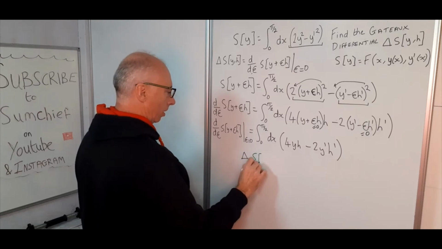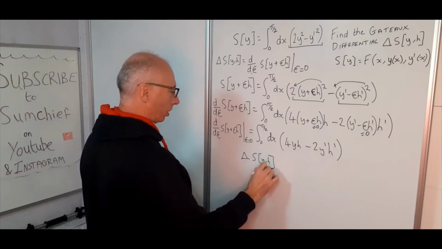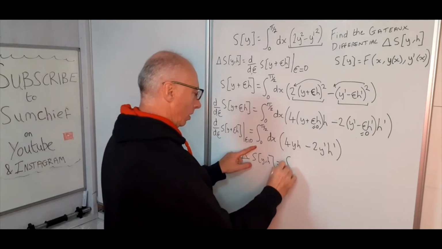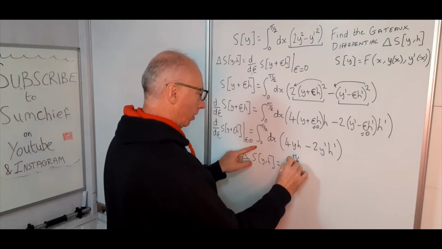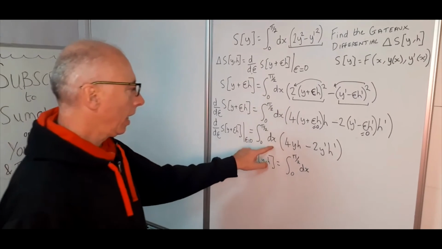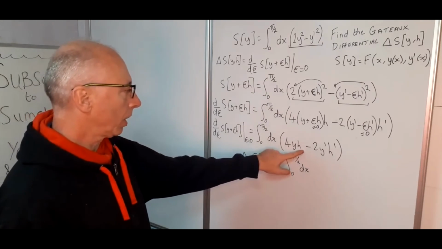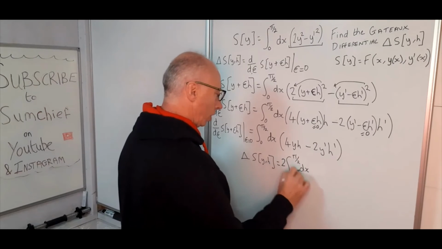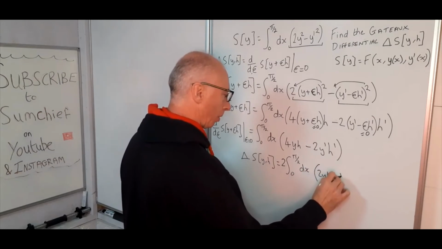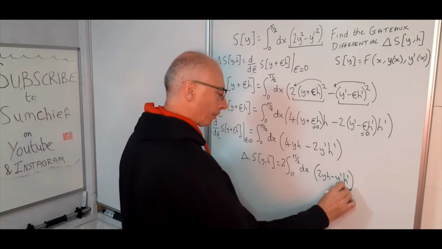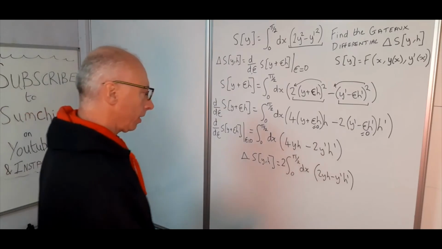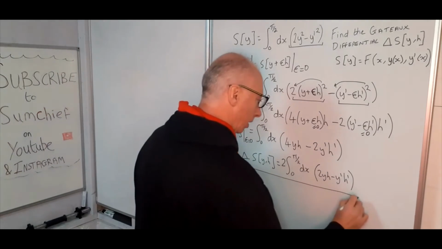S(y, h), that's our Gateaux differential, is the integral from 0 to pi over 2 dx, and then we've got, bringing a 2 out of here, 2, and then here we'll have 2yh minus y prime h prime. Okay, and that is a good place to end.